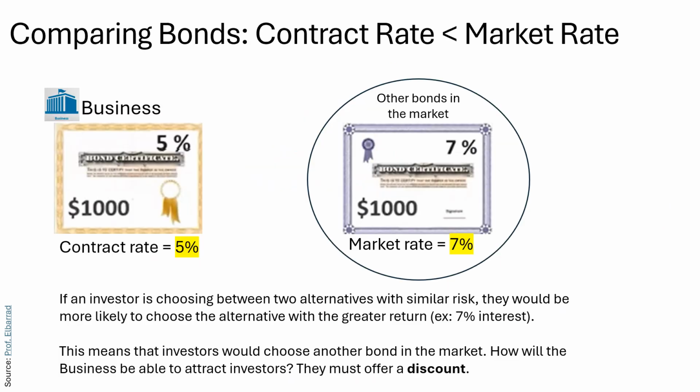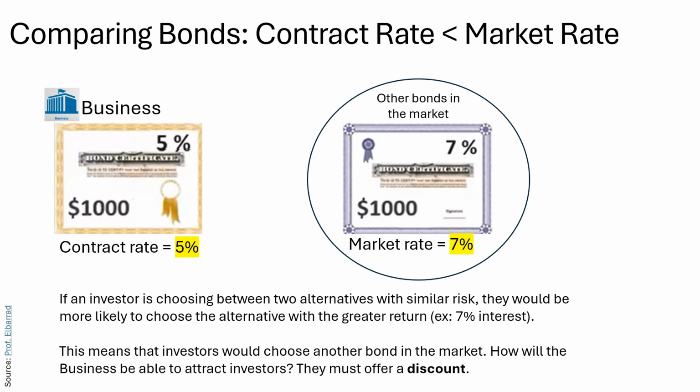If an investor is shopping around, looking at different bonds, obviously they are looking for the bonds that are most valuable to them, typically the ones that will pay the most interest over time, because they're going to be making an investment either way. What they're looking for is a greater return on their investment.